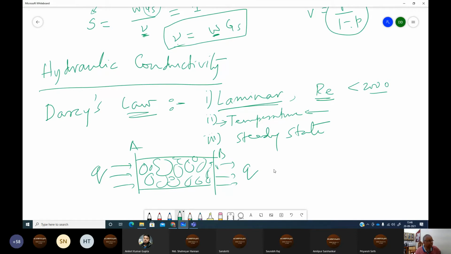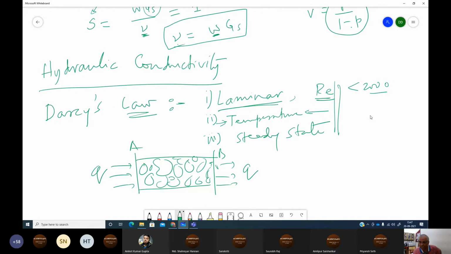Then it is steady state. But this is not acting as a sink or source. Means no mass is adding here, or no mass is storing there. Whatever Q is coming in, this Q is coming out. And if these three conditions more or less are satisfied, then Darcy's law is applicable.